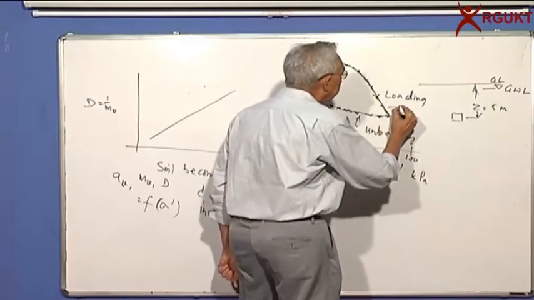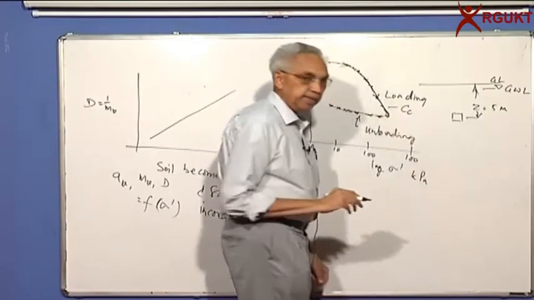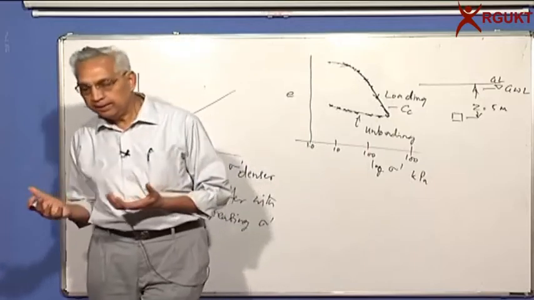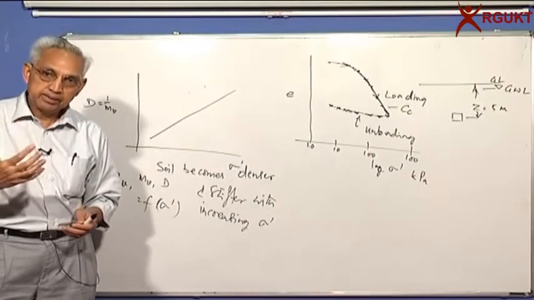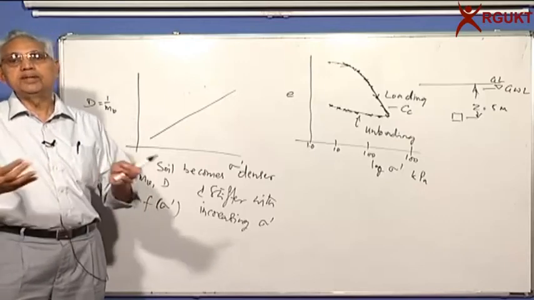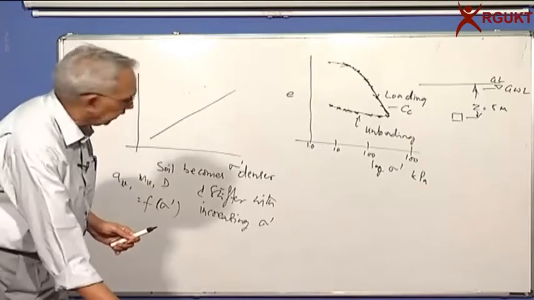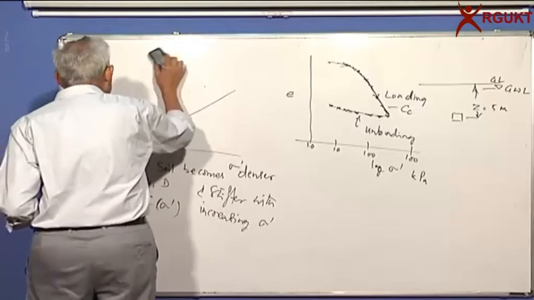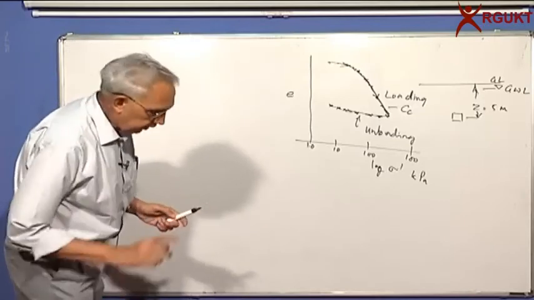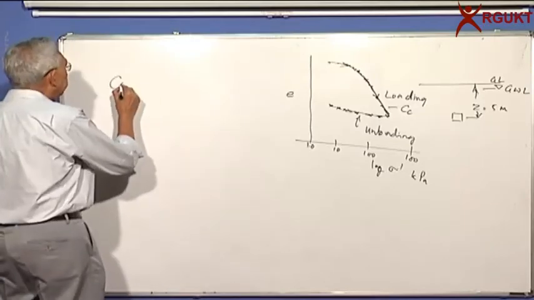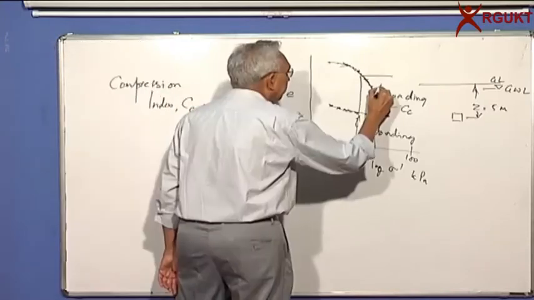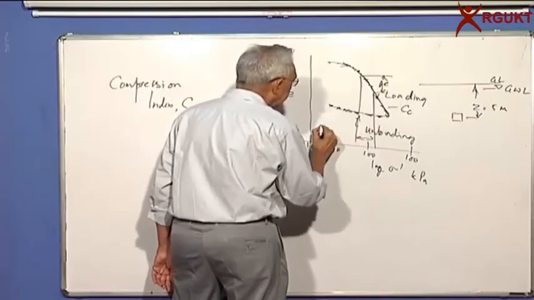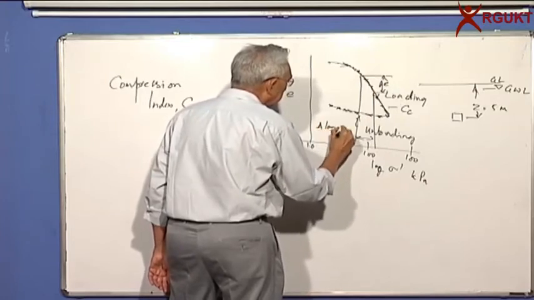So we define the slope as Cc. If you get a straight line, it means the slope is constant, and that's a much better parameter because you have a constant parameter there. So what we now say is that define compression index C sub C is equal to change in void ratio, say delta e, over delta log sigma.